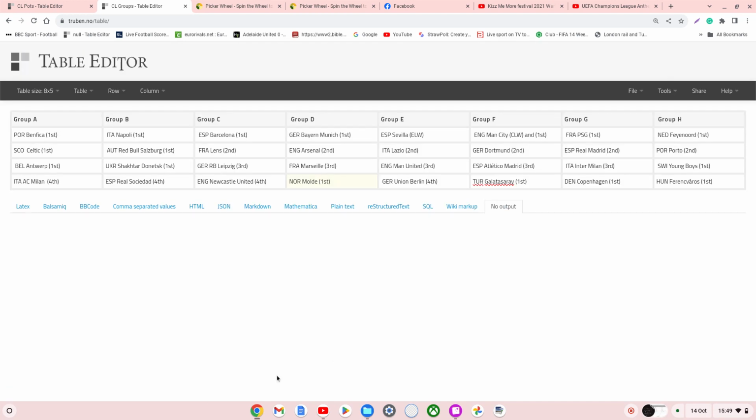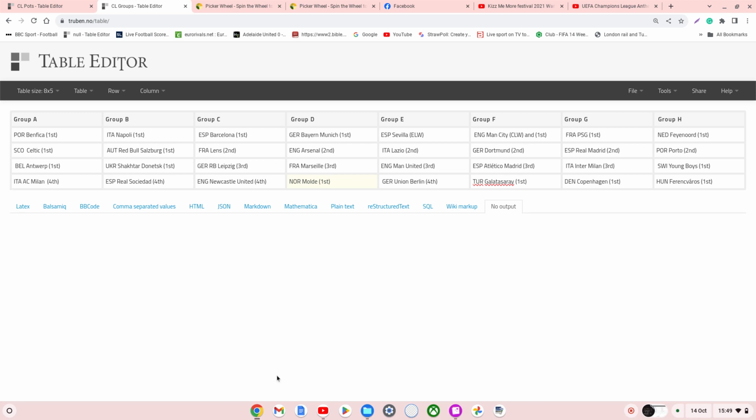Right, now the draw has been completed. Let's read out the teams in the groups. Group A: Benfica, Celtic, Antwerp, and AC Milan. Group B: Napoli, RB Salzburg, Shakhtar Donetsk, and Real Sociedad.